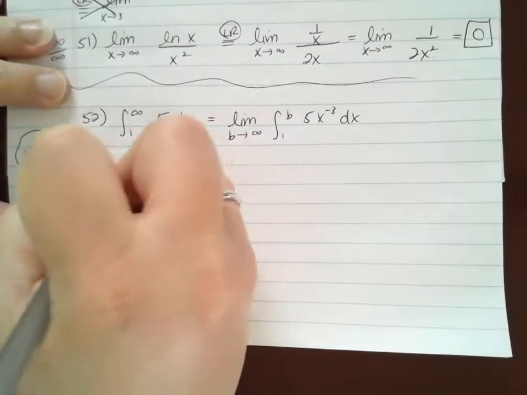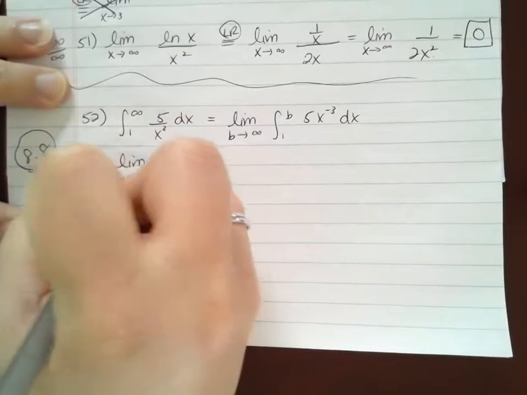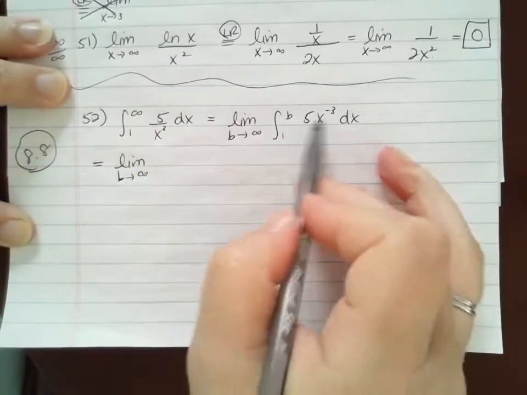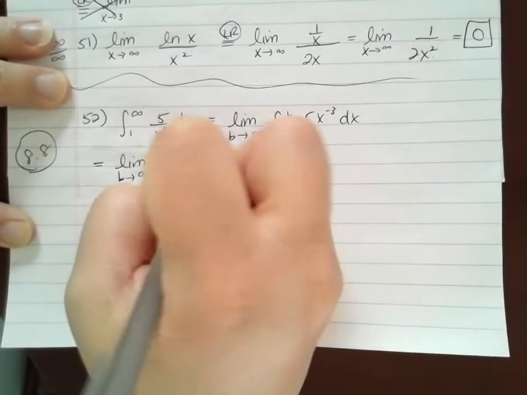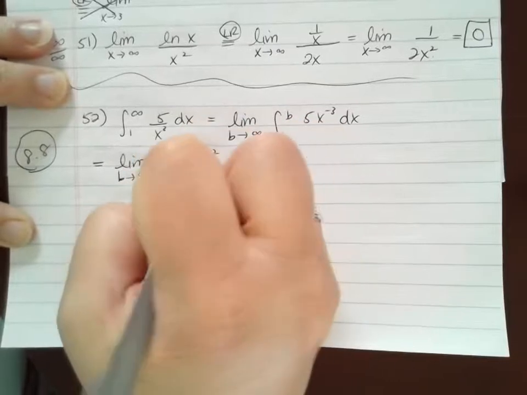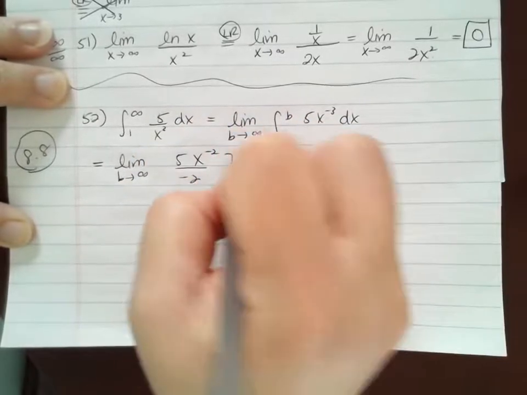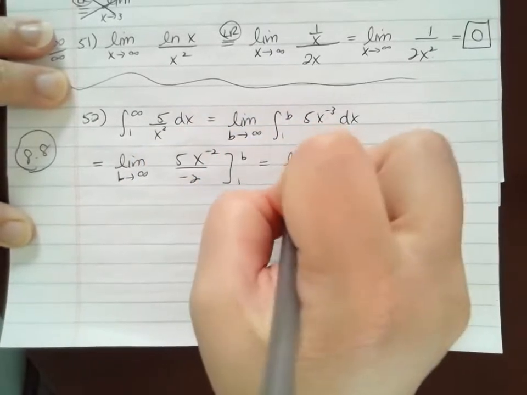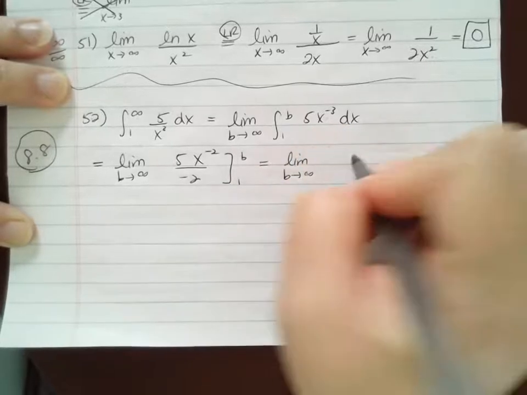If I integrate, I don't do the limit yet, so if I integrate this, I end up getting 5x to the negative 2 over negative 2. Take a minute to clean it up.